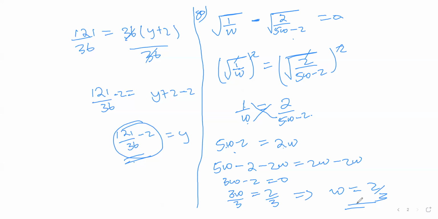Now let's look at a couple of literal equations, solving literal equations. As I said, literal equations are simply equations in which constants are represented by letters, but usually one of the letters will be the variable, and all the others will be treated as constants. Look at number 82.